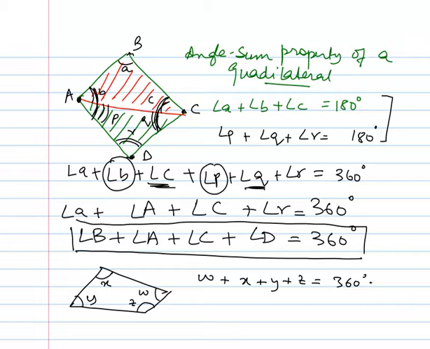So the angle sum property of a triangle says the sum of the angles of a triangle is 180 degrees. In a quadrilateral, the sum of angles is 360 degrees, right? We will just solve one question based on this angle sum property to make it more clear.